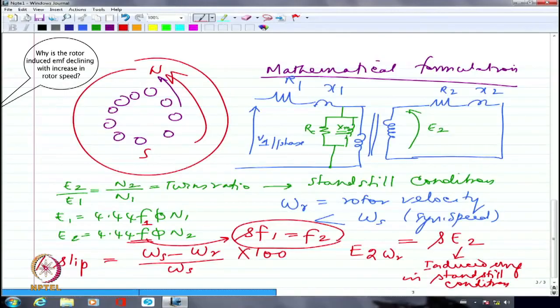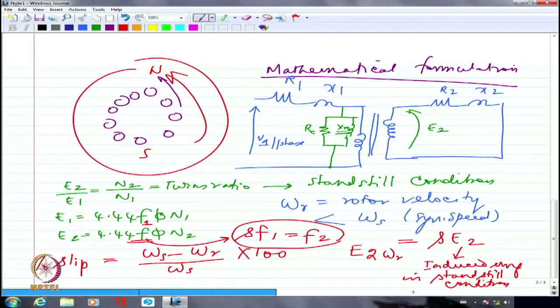Yeah, E2 at any other speed omega r will be equal to slip times E2, because the frequency has decreased. The rate of change visualized by the rotor conductors has declined. So the frequency will decline, and the magnitude will also decline. If this is the standstill rotor induced EMF, it will decline by a factor of S, where S is the slip of the induction motor.